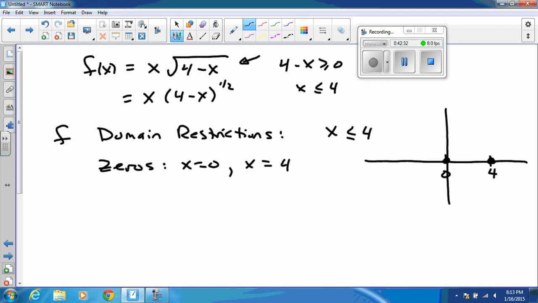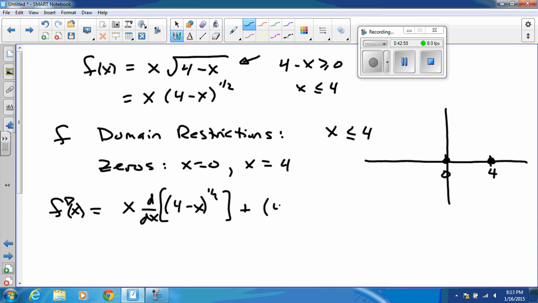And I can also see that there are two obvious zeros. One is when x is equal to 0, and the other is when x is equal to 4. So already I can see that my graph of f is going to have two zeros. Just like that.